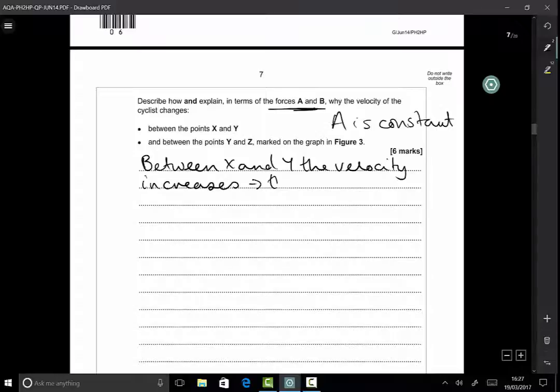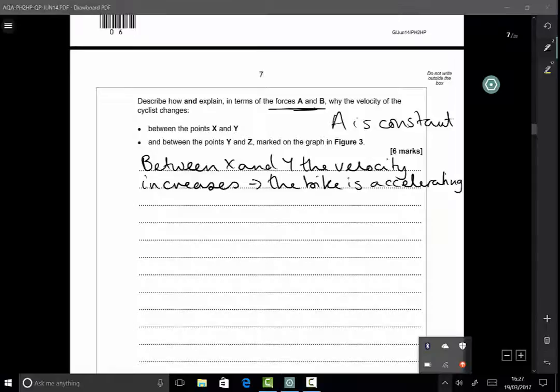The bike is accelerating. Try not to go over the edge of the box like I've just done, because when they scan your answers to get sent off to the markers, often it loses the bits that have gone outside the box. Okay, so the bike is accelerating.